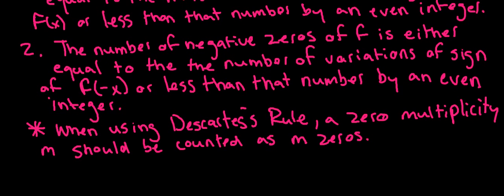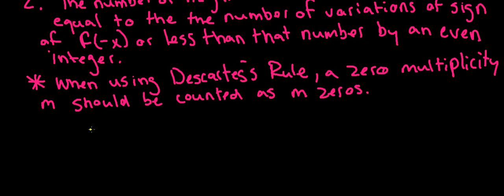What that means is, say we have some function x plus 2 times x plus 2. So here we have something that has 2 of the same zeros, minus 2. And that's saying that these zeros should be counted separately. This is 2 zeros, not 1, even though it's the same one.